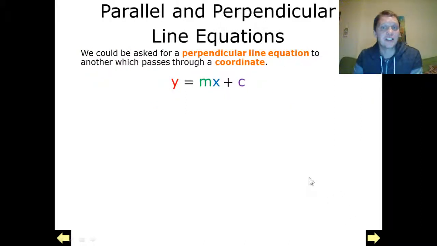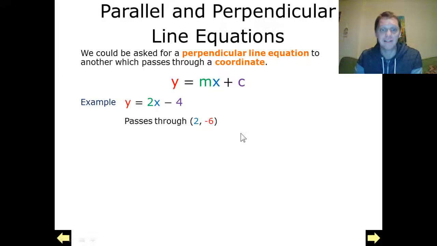We could be asked to give a perpendicular line equation passing through a coordinate, just the same as for the parallel lines. So here I've got y equals 2x minus 4, and I'm looking for a perpendicular line that passes through (2, -6). Remembering to calculate my new gradient for my perpendicular line, it's going to equal negative 1 over my original gradient.